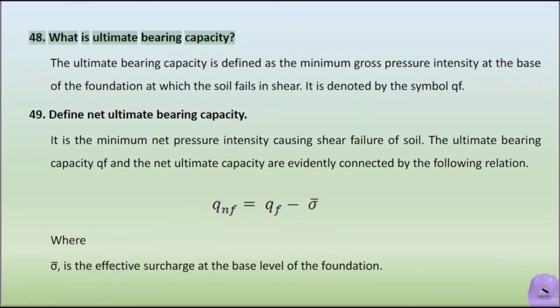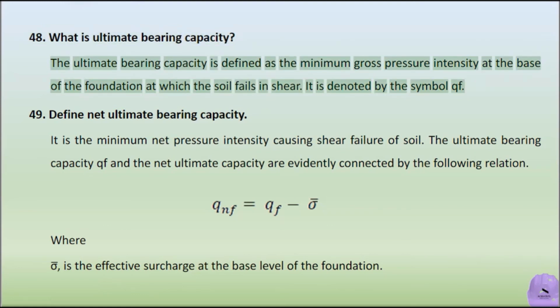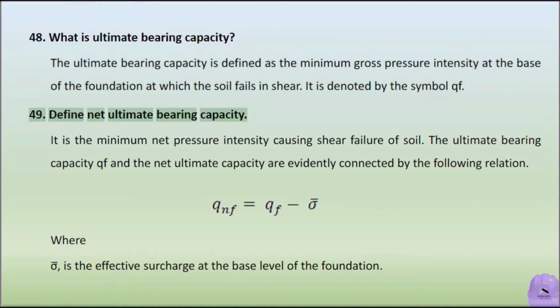What is ultimate bearing capacity? The ultimate bearing capacity is defined as the minimum gross pressure intensity at the base of the foundation at which the soil fails in shear. It is denoted by the symbol qf. Define net ultimate bearing capacity.